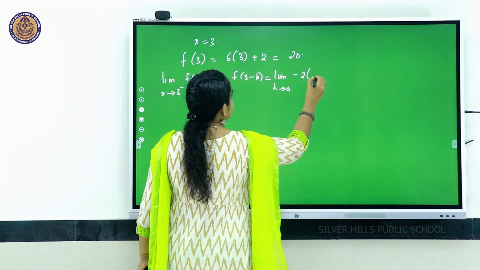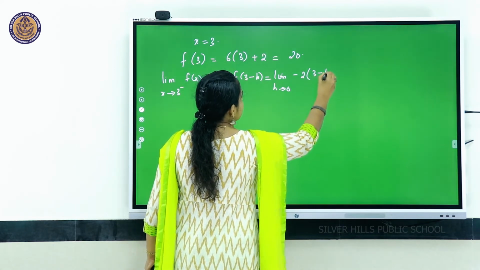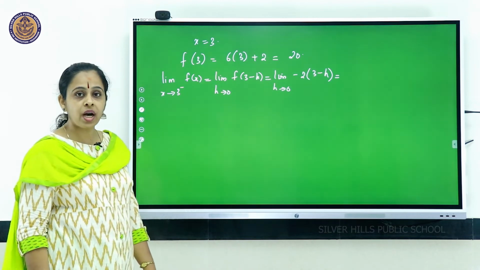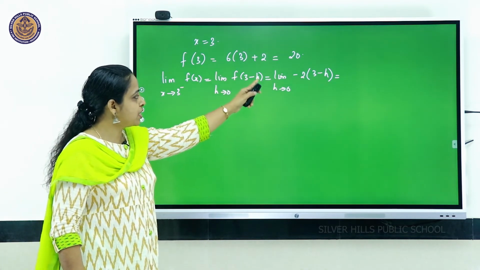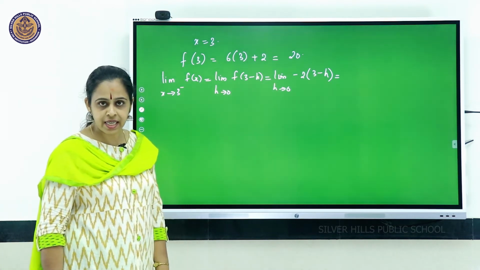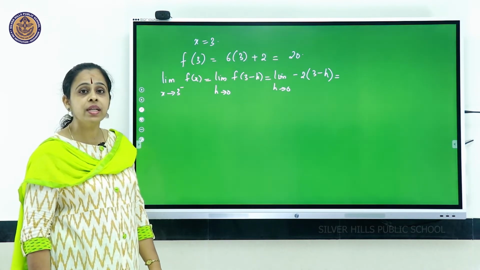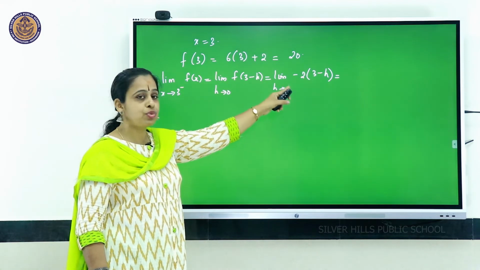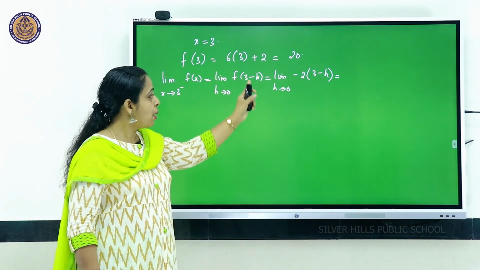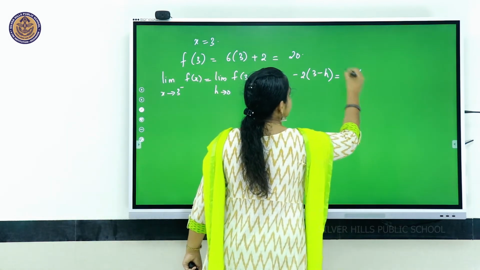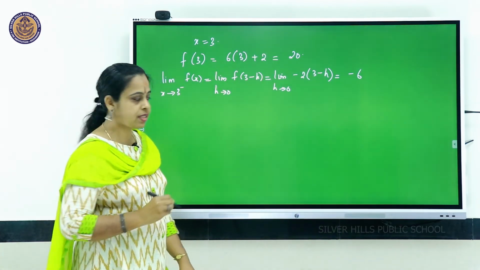Minus 2 into 3 minus h, h tending to 0. What value will you get here? Minus 2 into 3 minus h gives minus 6 plus 2h. So, answer minus 6. Correct?